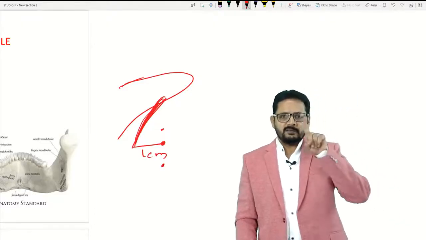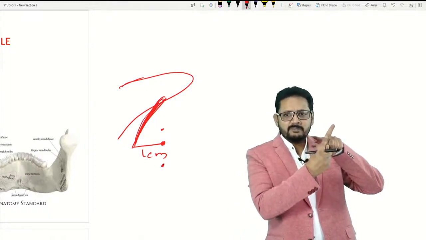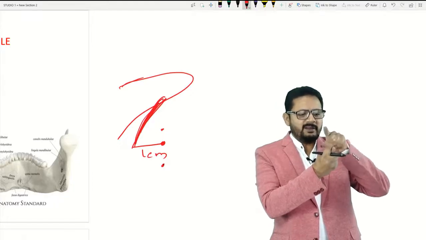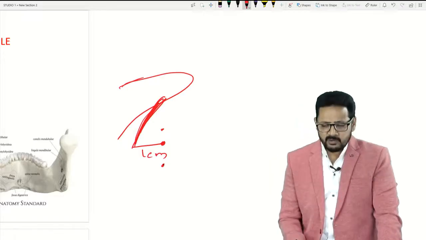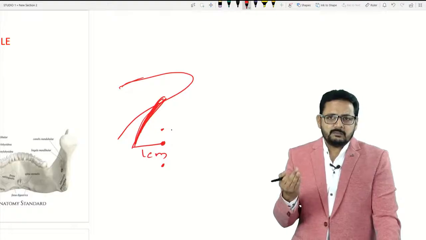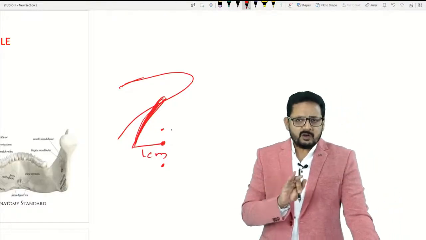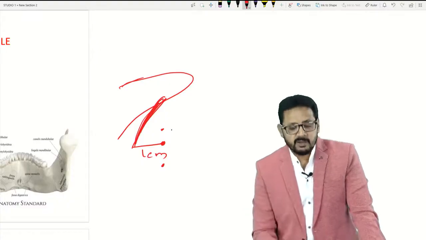Now imagine this is the ventral surface of the tongue, and this is the frenum. From here, 1 centimeter on either side. Take a bite from whichever side you like. Take a 1-0 silk. Don't use Vicryl or any other resorbable material. You can use non-resorbables, but take a heavy gauge one.